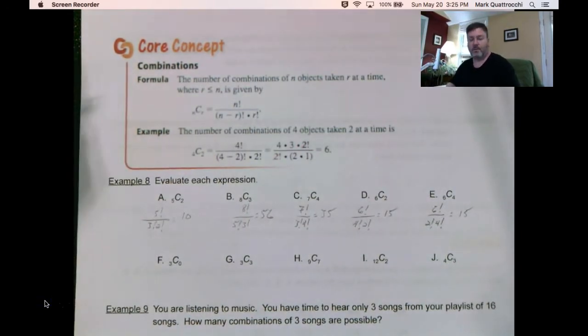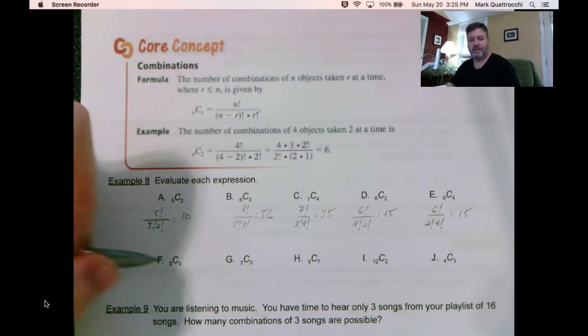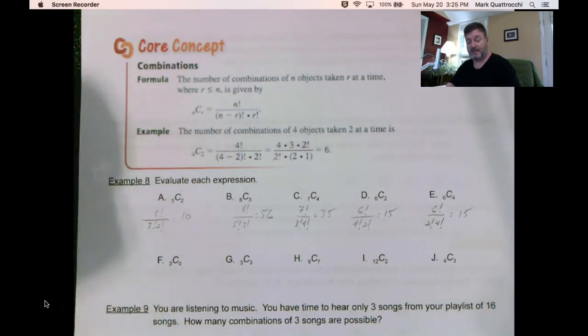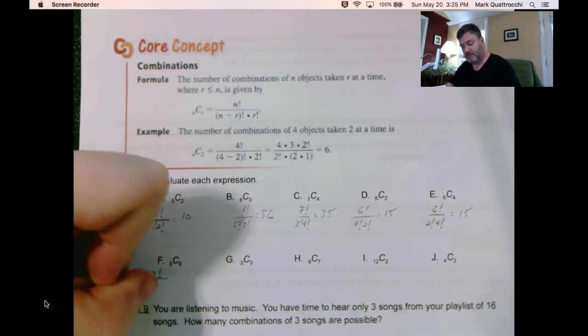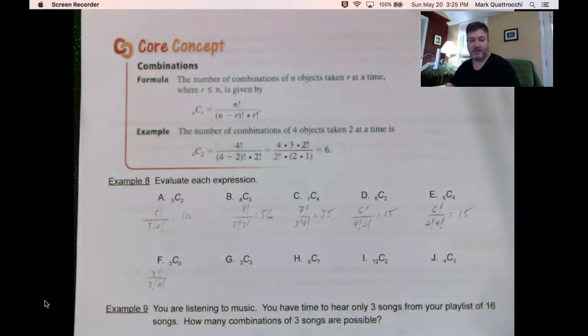With permutations, when we did 3P0, this is going to be 3C0. This is 3 factorial over 3 factorial 0 factorial, remembering that 0 factorial is 1.